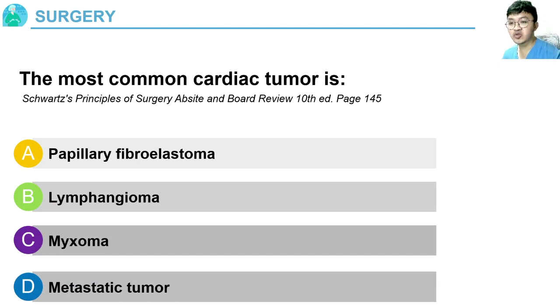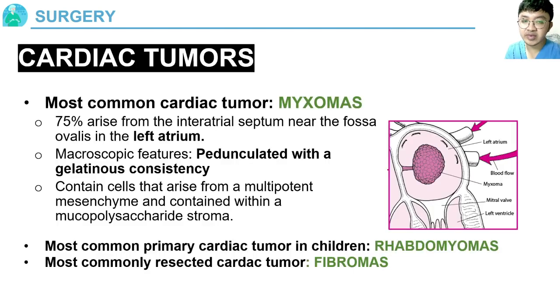Next, the most common cardiac tumor is A, papillary fibroelastoma, B, lymphangioma, C, myxoma, or D, metastatic tumor. Okay. The most common cardiac tumor is your myxoma. Again, most common cardiac tumor, myxoma. 75% arise in the interatrial septum between the two atria near the fossa ovalis in the left atrium.